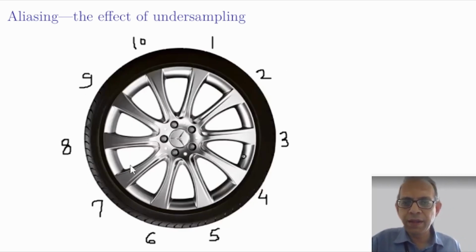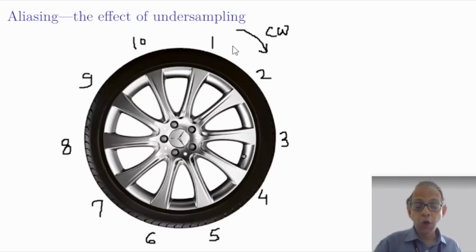Think of a wheel with 10 spokes as shown here, and the spokes are numbered 1 to 10 in the clockwise direction. Suppose the wheel is rotating in the clockwise direction. And how do we perceive it to be rotating in the clockwise direction? Our eyes take samples of this movement.